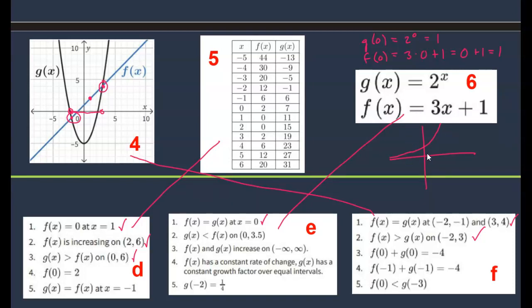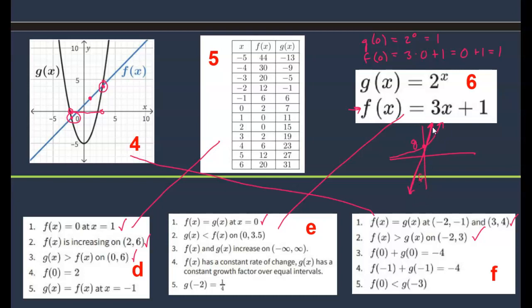And then 3x plus 1, we're going to have y-intercept at 1, and then we're going to have a fairly steep linear line like that. So you can see our line, f of x is the line, and our curve here is g.